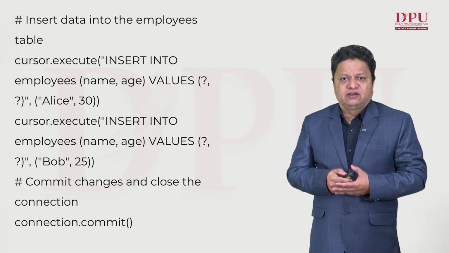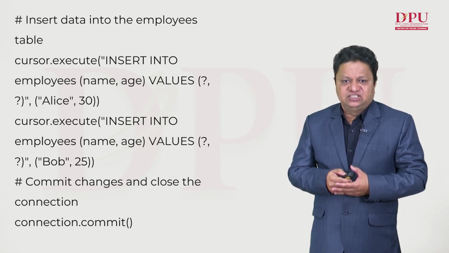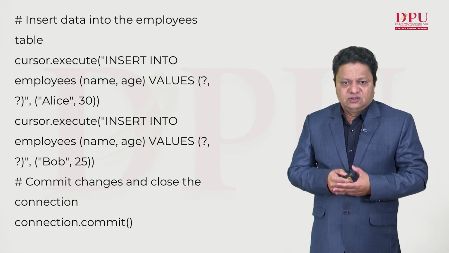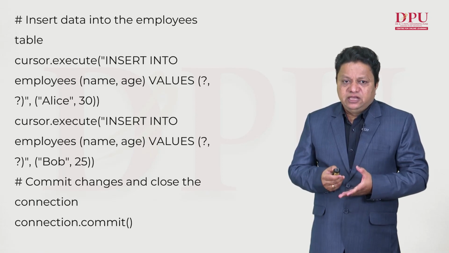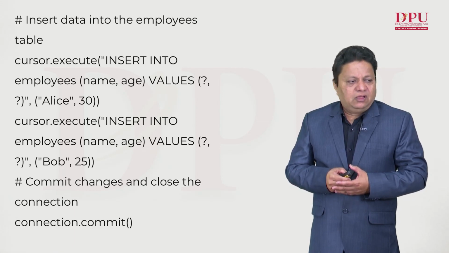I want to insert the data for name and age only. So, I can write name, age, values as question mark, comma, Alice, and comma, 30. So, here it will insert the name as Alice and age as 30 for the first record.